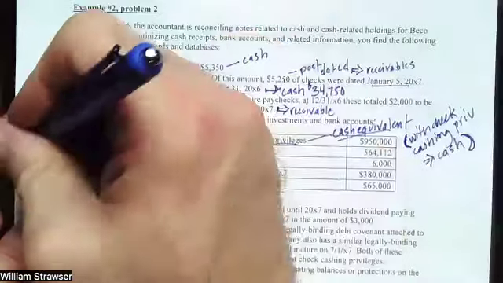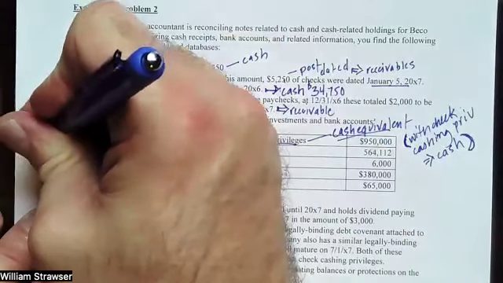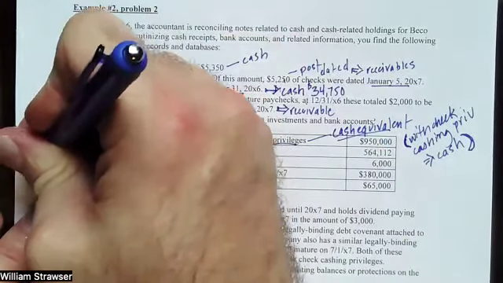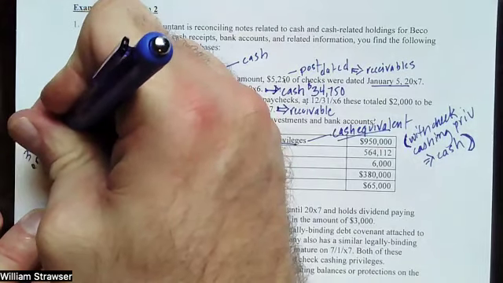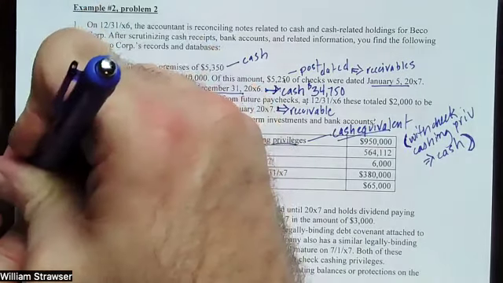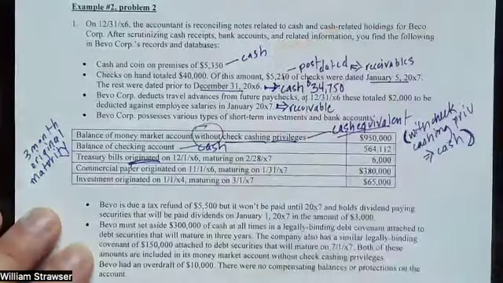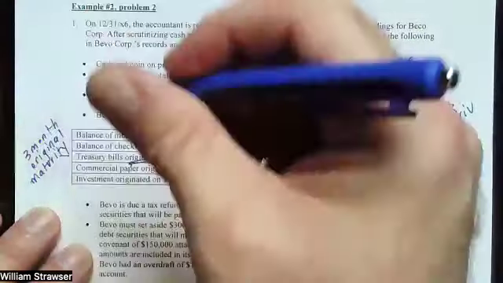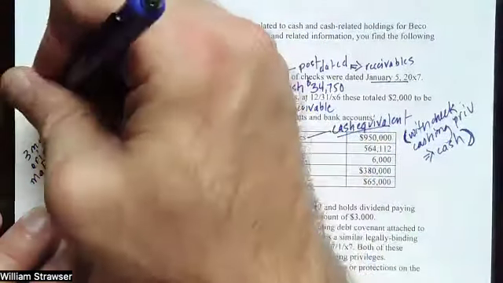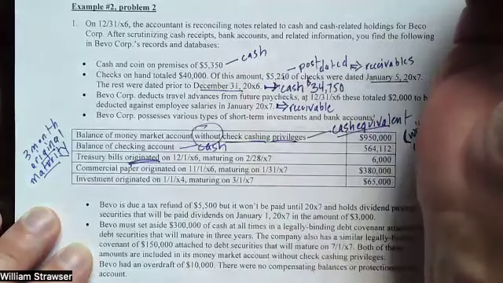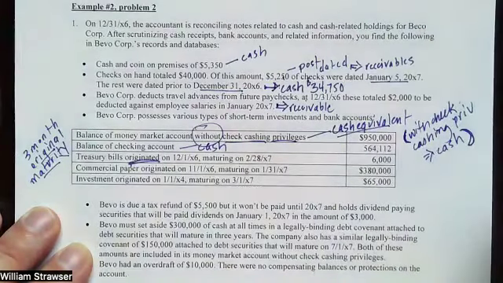So the original maturity is a 3 month original maturity. From buying the investment to getting my money back is a 3 month cycle. As long as this original maturity is less than 4 months, then it is a cash equivalent.